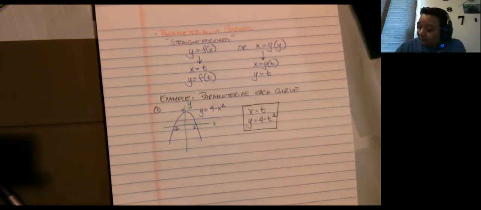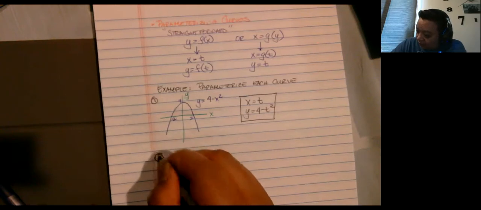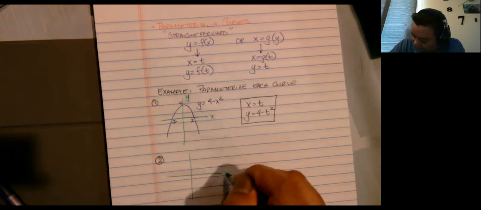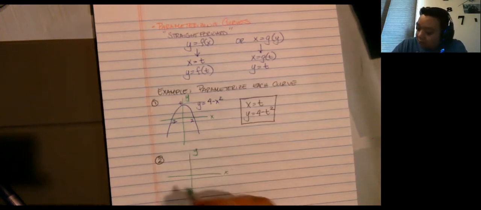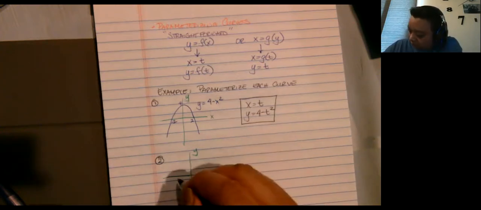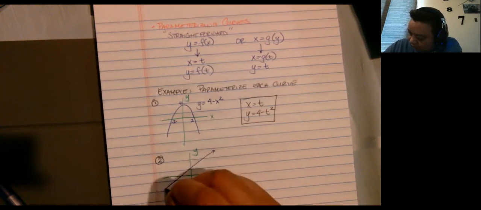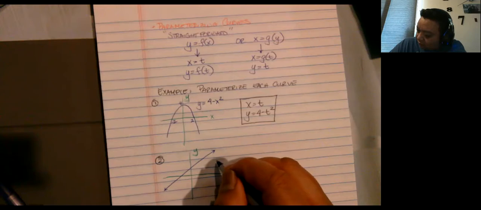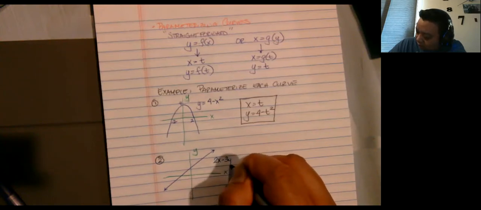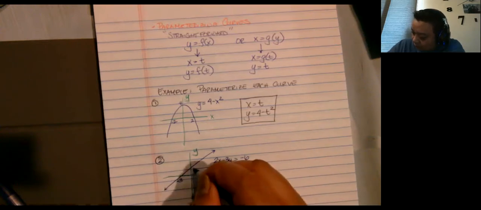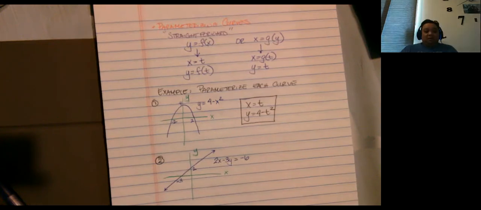Let's try another one. Parameterize this curve for me: 2x minus 3y equals -6.